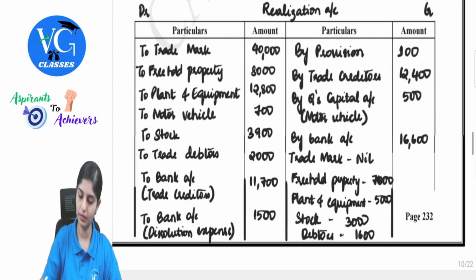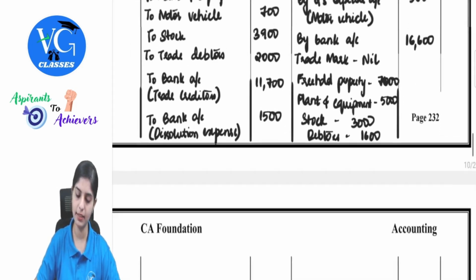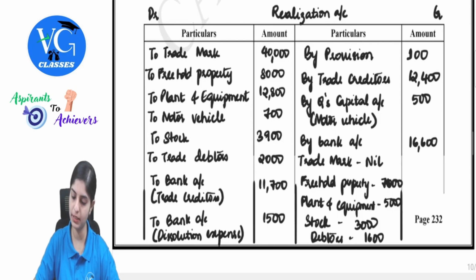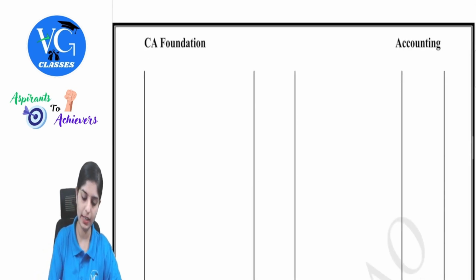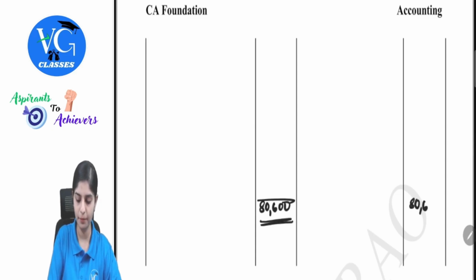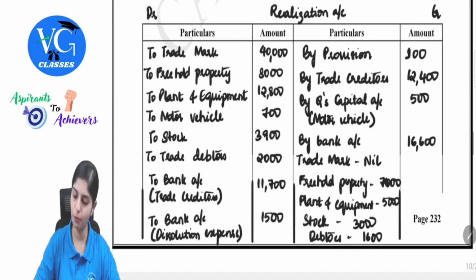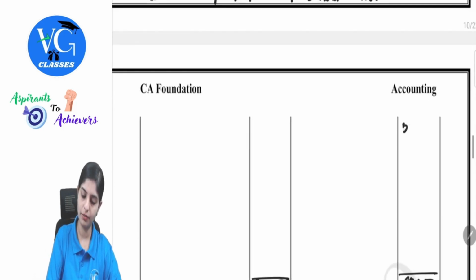Let's total it. 100 plus 12,400 plus 500 plus 16,600, 29,600 on the credit side. 40,000 plus 8,000, 12,800, 700, 3,900, 2,000, 11,700, 1,500. Remember, when there is insolvency, you will get realization loss only. This is 51,000.